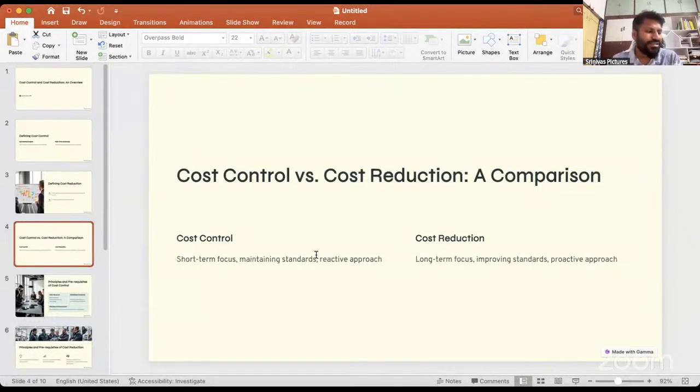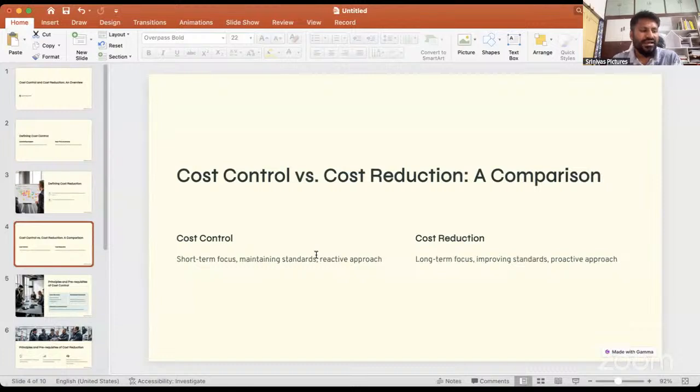Cost control emphasizes the present and past, but cost reduction is only for the present and future, not the past. Cost control intends to set up conservative procedures, lacking a dynamic approach.